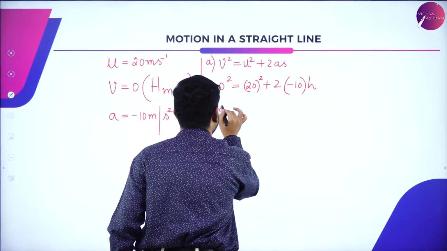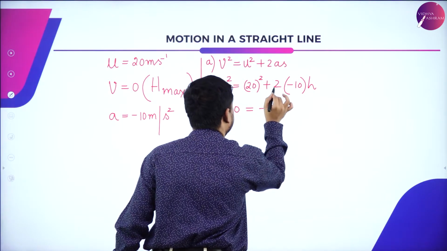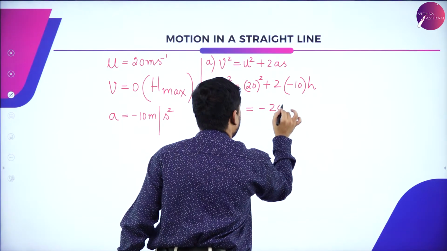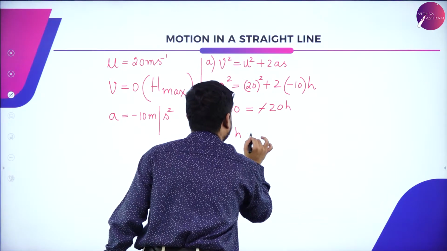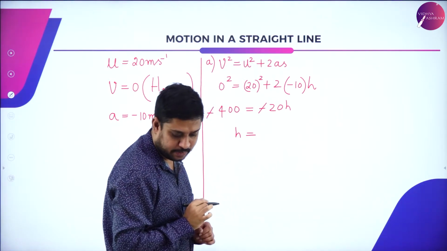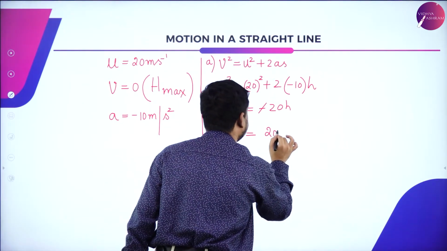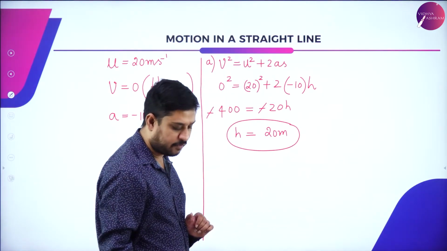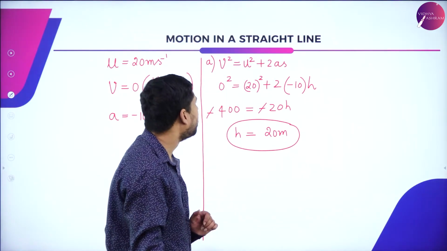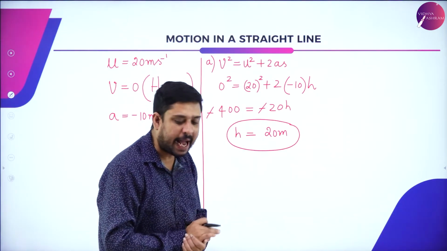Or this is minus 400 is minus 20H, or H on simplification is 20 meter. So very clearly, I have calculated the first part of the problem, which is the maximum height.